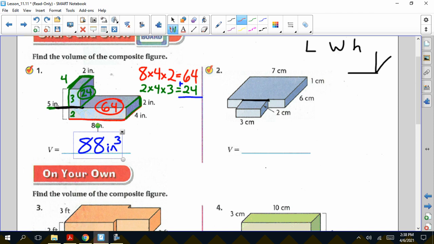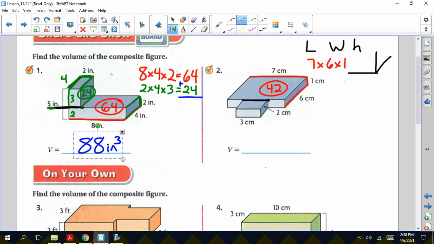So if we look in the back, we have our line that runs side to side, 7 centimeters. The diagonal is 6 centimeters. And the line that runs up and down is 1 centimeter. So we're going to take 7 times 6 times 1, and we get 42 centimeters.